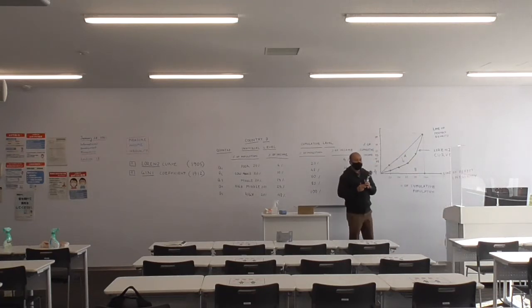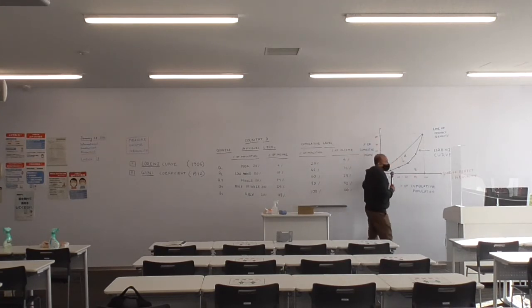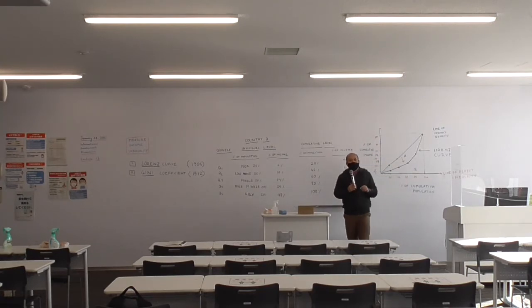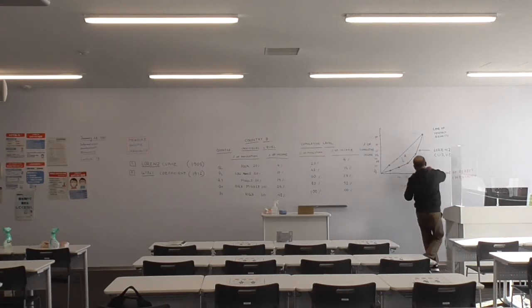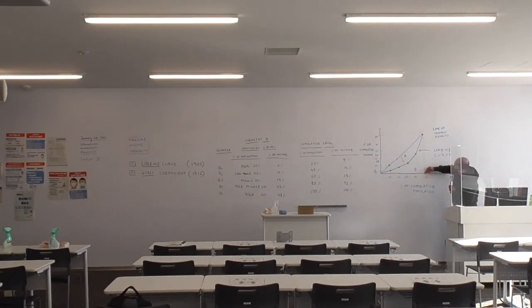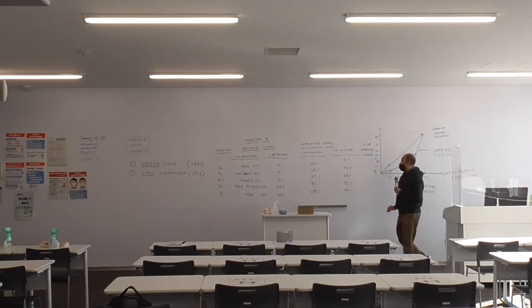Is it possible for any country to have this kind of distribution of their income? The line of perfect inequality should be a horizontal line up until 99% of the population, and then the last 1% goes up. Yes, so the graph will be like this.